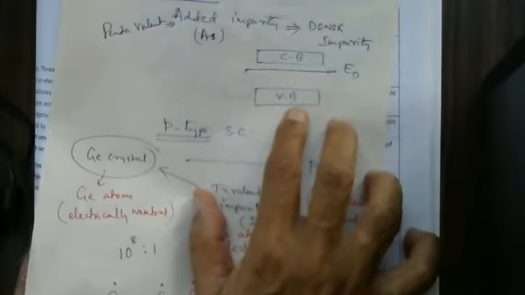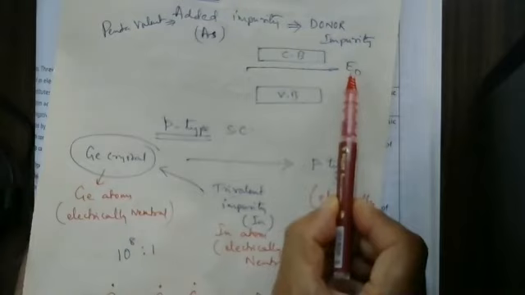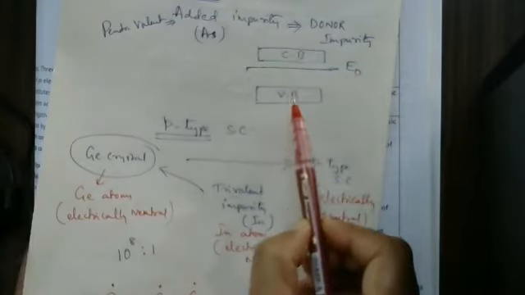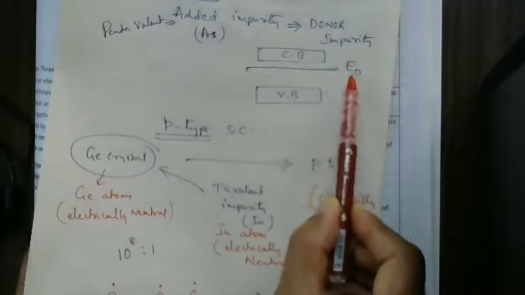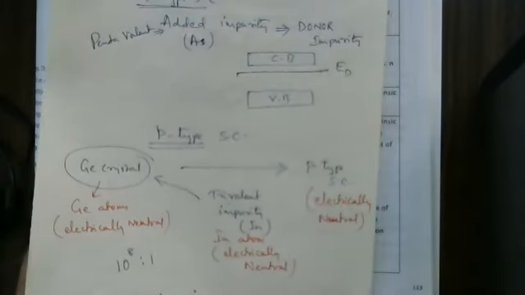Whereas in an intrinsic semiconductor, this energy level does not come at all. Only the valence band and the conduction band are present. The in-between energy level, either for the donor or for the acceptor, is applicable only for extrinsic semiconductors.